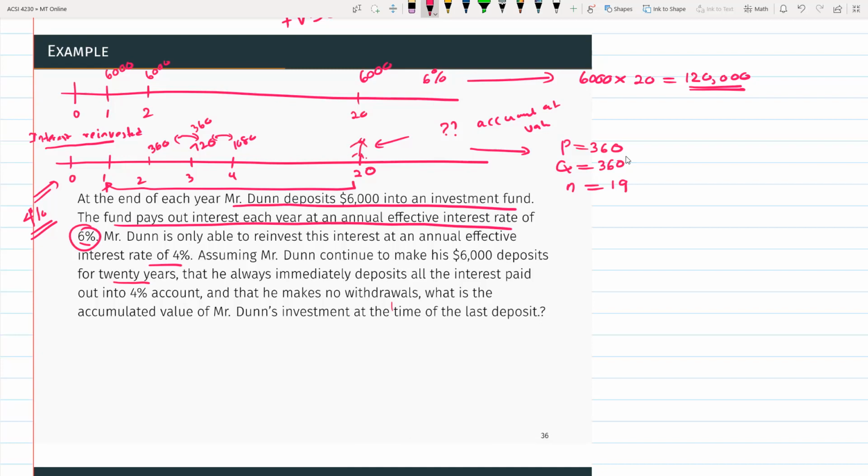So this is immediate, and the rate is 4%. Compounding is 1. The percent value we don't need, so we set it to 0. Future value is what we want.